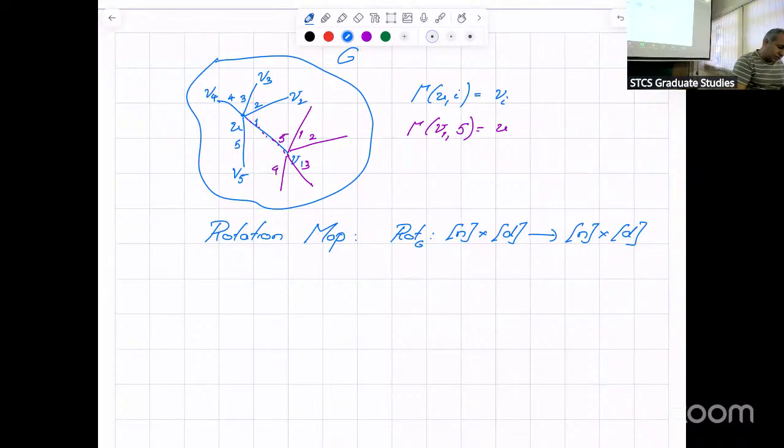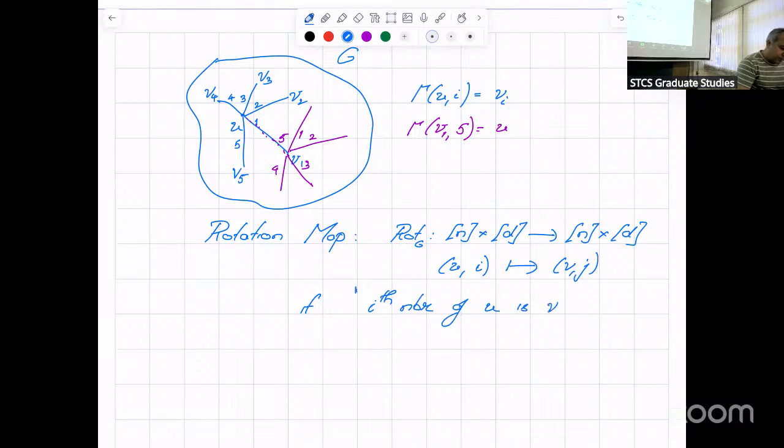So for instance, it's going to map u comma i to v comma j if the ith neighbor of u is v and the jth neighbor of v is u.